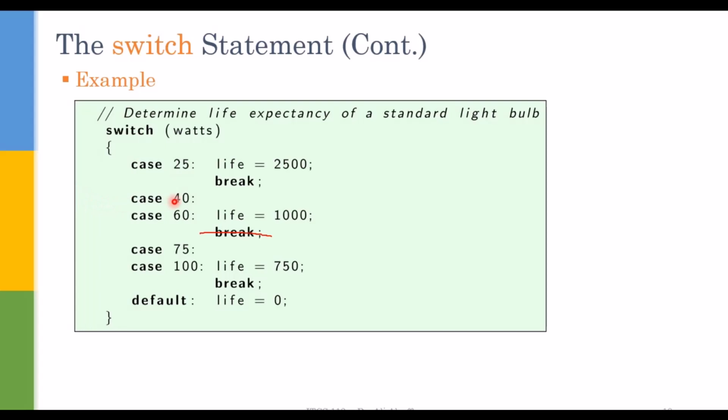Now we will check the next one, it is 40, so it will go inside. But inside there is nothing. It will go to the next one, so it will put 1000 into life. And again, there is no break, so it will go to the next place, and there is nothing. It will go to the next, put 750 into life, and now there is a break, so it will go outside. So what is the last value of life? It is 1750.